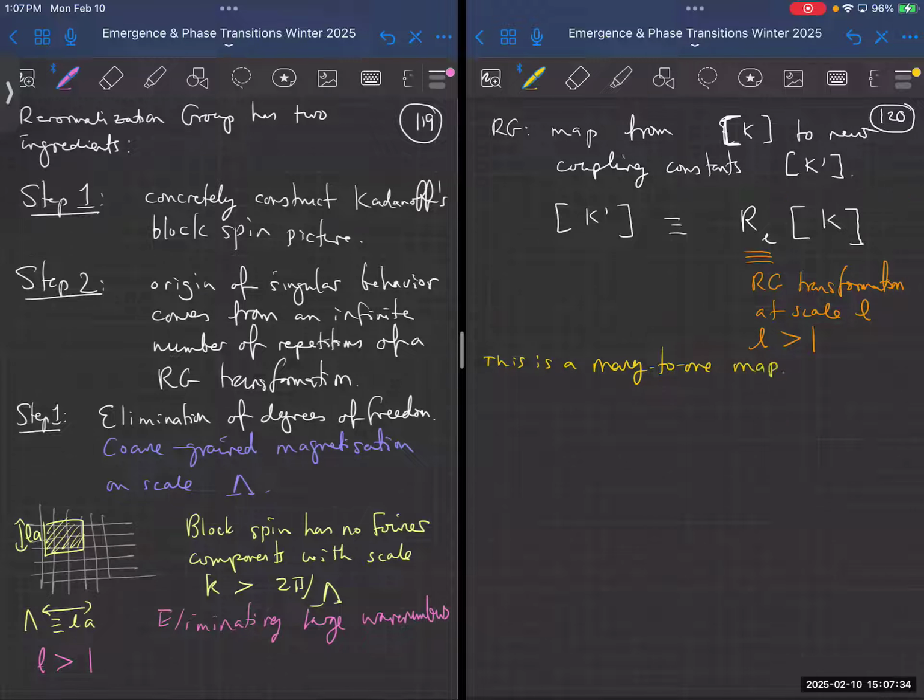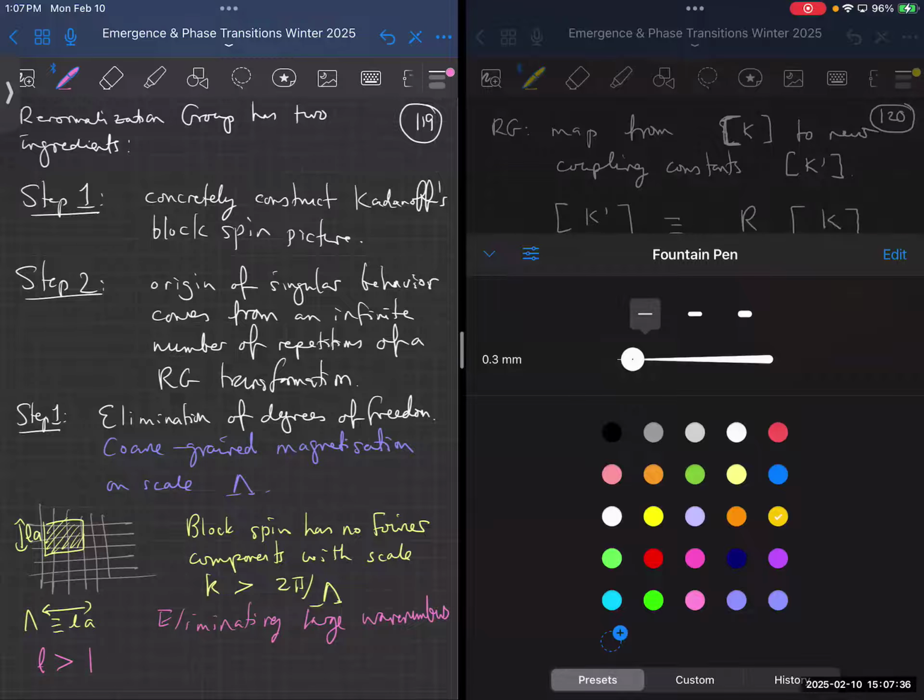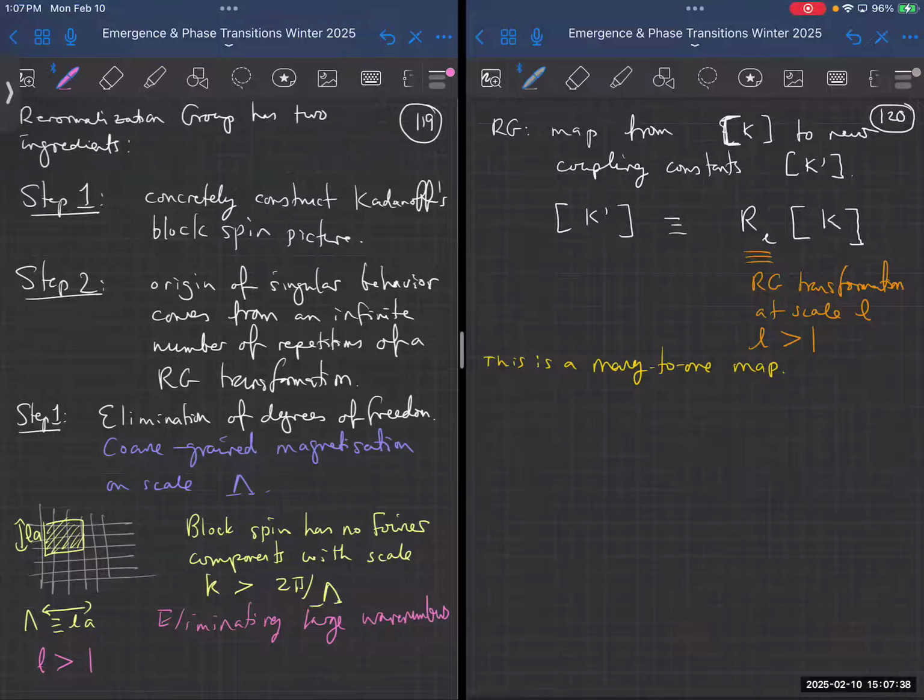So let's see why. Let's suppose I were to draw a configuration like this. Here's my system. I've got a bunch of spins. I'm just drawing this in 1D just to make it easy. Let's suppose I'm taking a configuration like this.